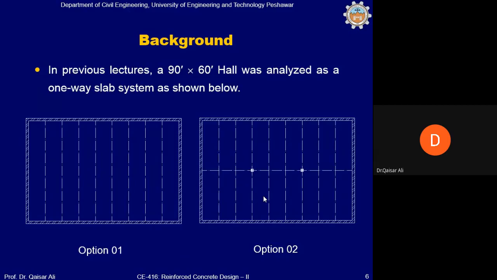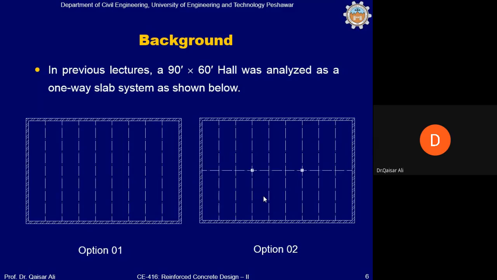In option 2, 2 columns were introduced and a girder was also introduced along the 90 feet side of the hall. And with this, all the beams which were in option 1, 60 feet long, are now divided into 2 spans of 30 feet each.